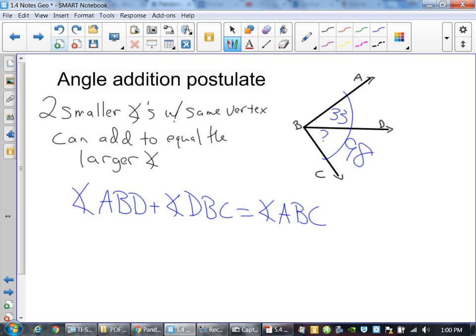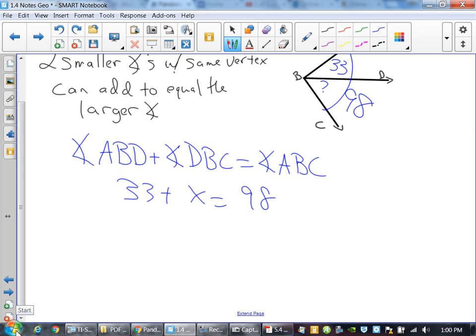So 33 plus something, you can use a variable if you want, is 98. What's x? 65. X is 65. Very good. That's all it is, guys. Angle addition is the exact same thing as you would do segment addition. It just has more letters.